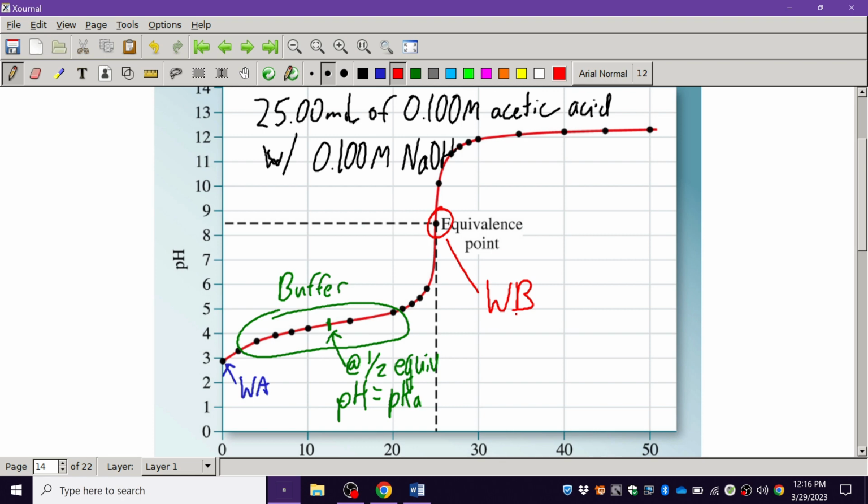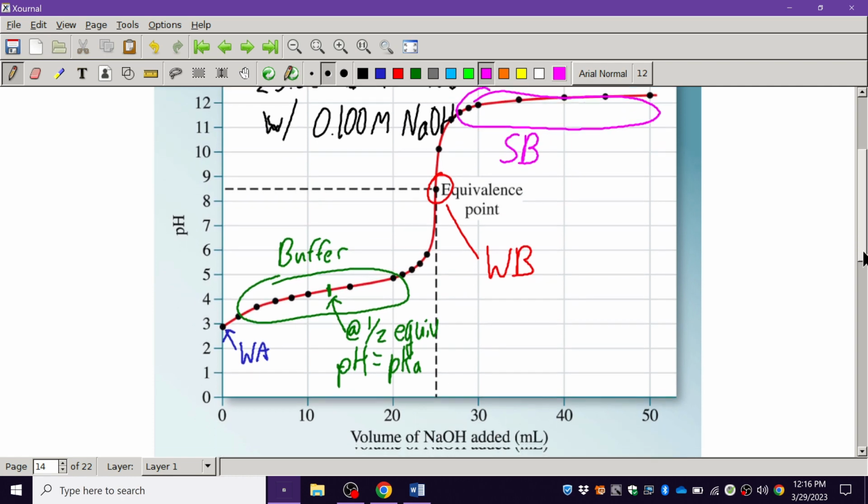Right, and then once you get beyond the equivalence point, what do we have? We have excess hydroxide ion, and that's a strong base. And if you compare that part of the titration curve with what you see in the HCl and NaOH titration curve, it's identical because the pH is based on the excess millimoles of sodium hydroxide that are present, hydroxide ion more specifically, right?